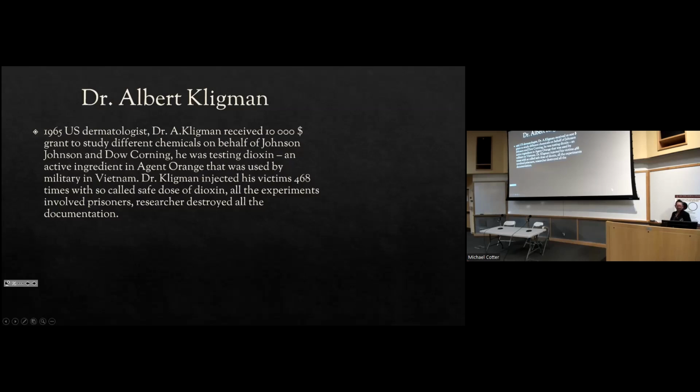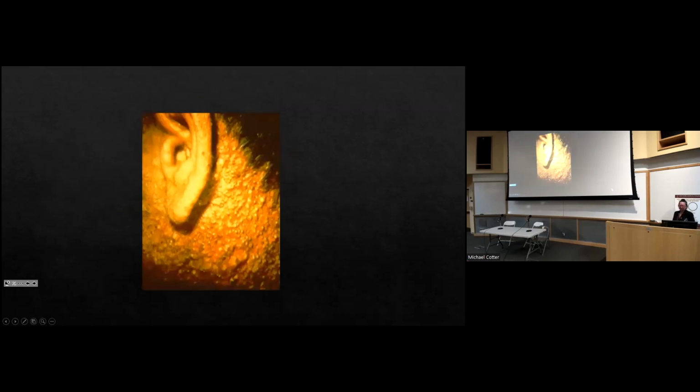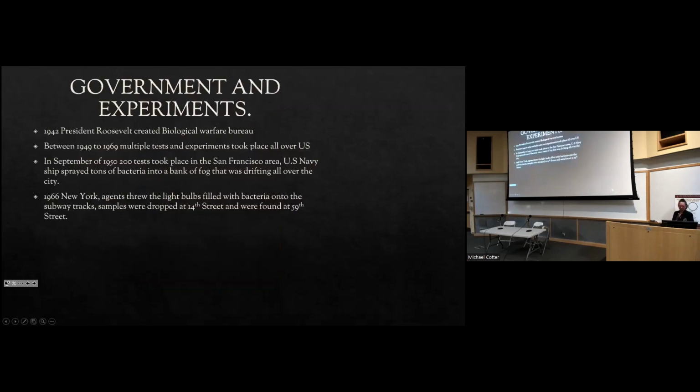All of the experiments, as I said, involved prisoners. Unfortunately, he destroyed all of the evidence except for a few. The picture of one of his research subjects, a victim who survived, shows what he did to people.